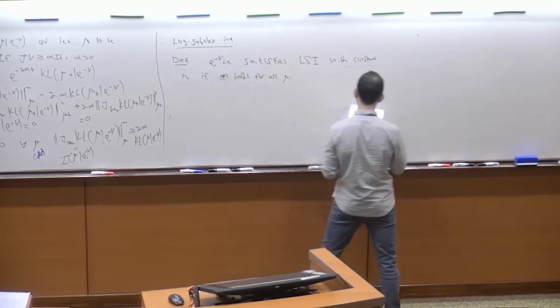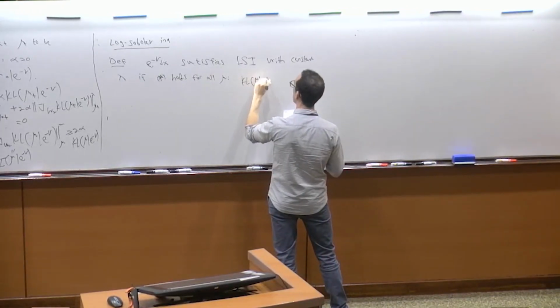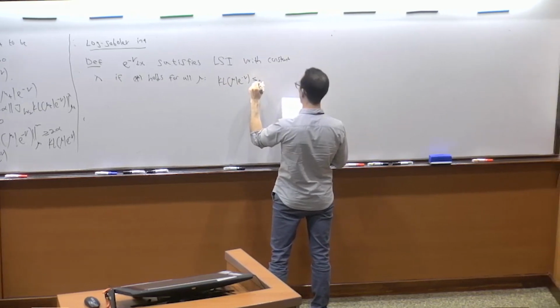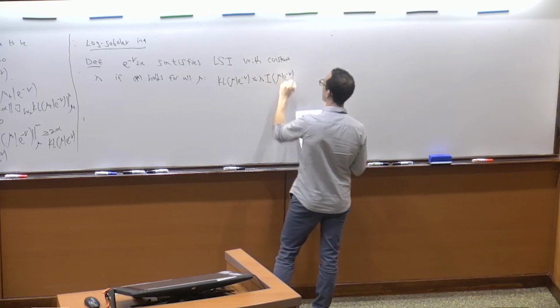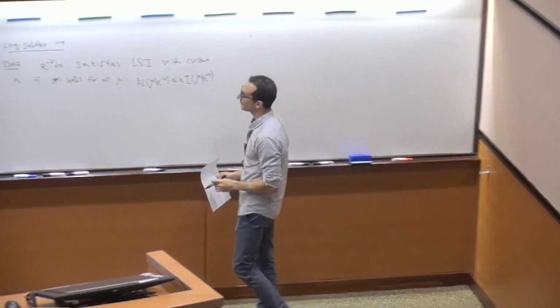By that we just mean that the KL between mu and e to the minus V is upper bounded by lambda times the relative Fisher information between mu and e to the minus V.